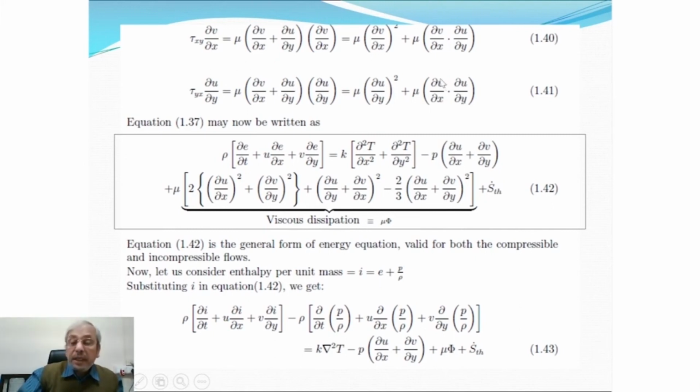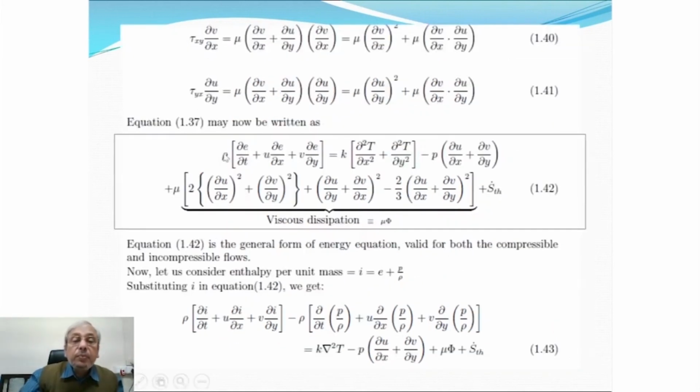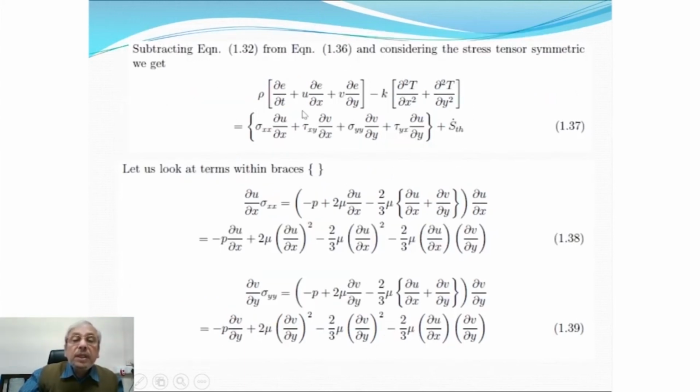So what we can do, all these bracketed terms we have expanded, and we put them together. If we put them together, we can write, left hand side we do not change, equation 1.37.